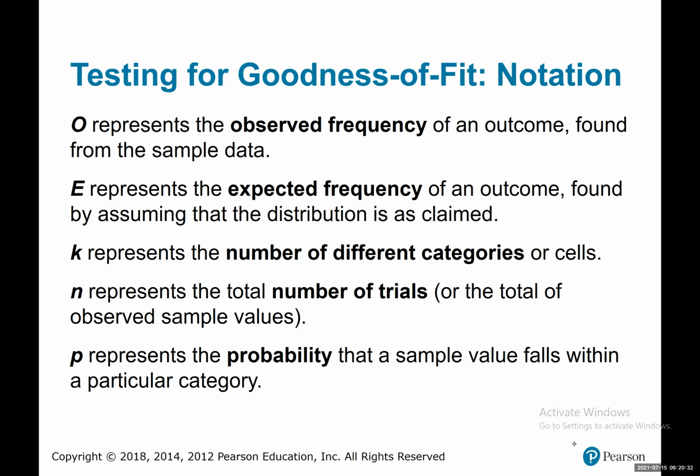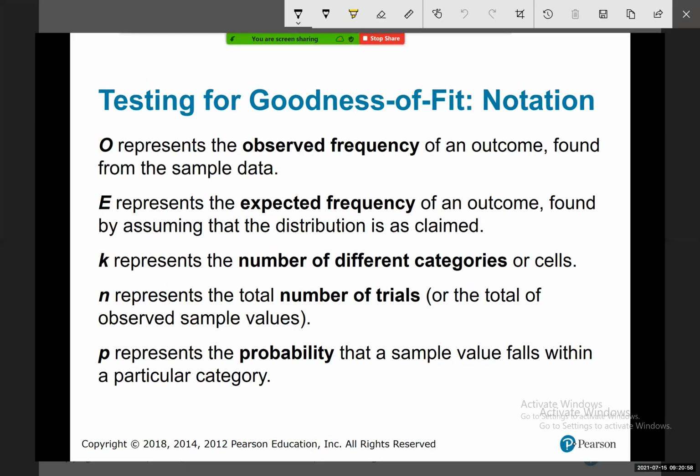Okay, please write these symbols. They are pretty new. O is for observed frequency. You have some expectation about flipping a coin. So you flip a coin and you're expecting that out of two, one will be head, one will be tail. So your expectation of flipping a coin is 1/2 head.